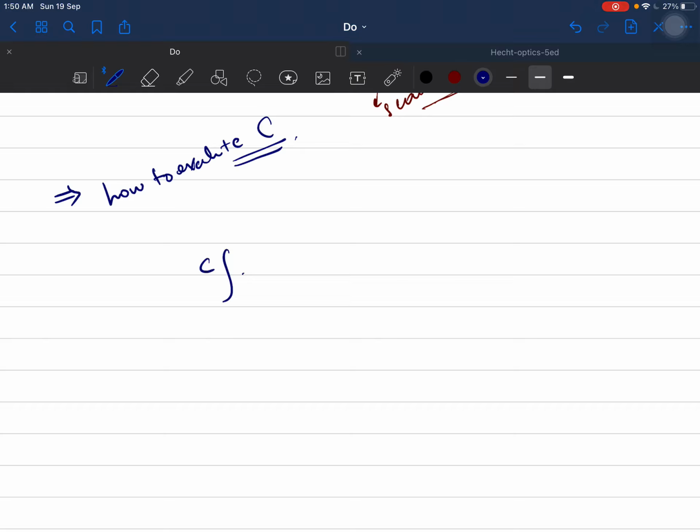Basically, it's like the integral of e power i omega t minus kr by r, d psi d eta, instead of doing it in an aperture.